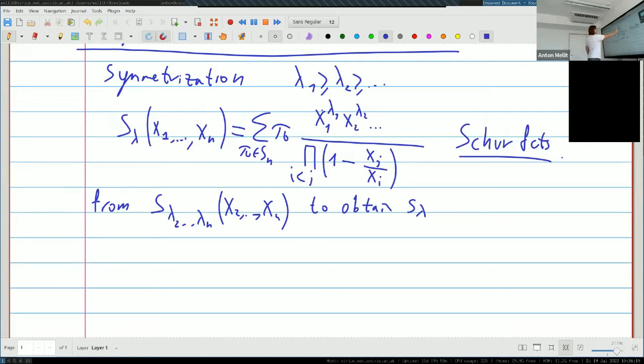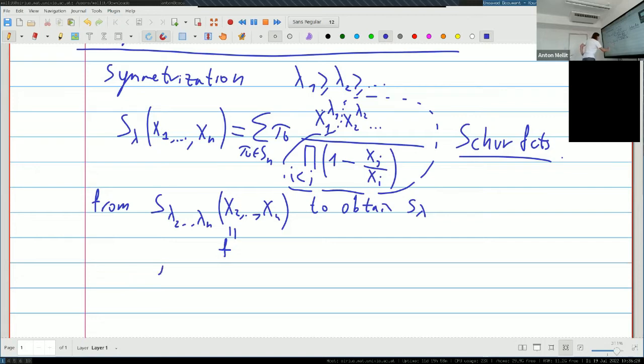It sits here somehow, and you can imagine we already symmetrized with respect to those variables. Then what we need to do, let's call this f, we have to multiply it by x1 to the lambda 1.